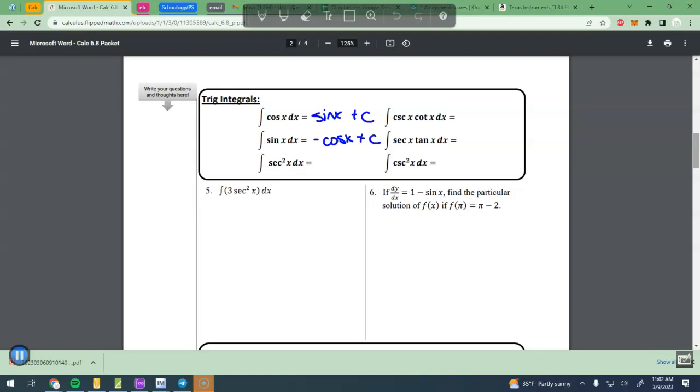Integral of secant squared. What do we take the derivative of to end up with secant squared? Tangent. So that's tan of x plus C. What did we take the derivative of to end up with cosecant cotangent? It's not like any rule, it's just the definition.